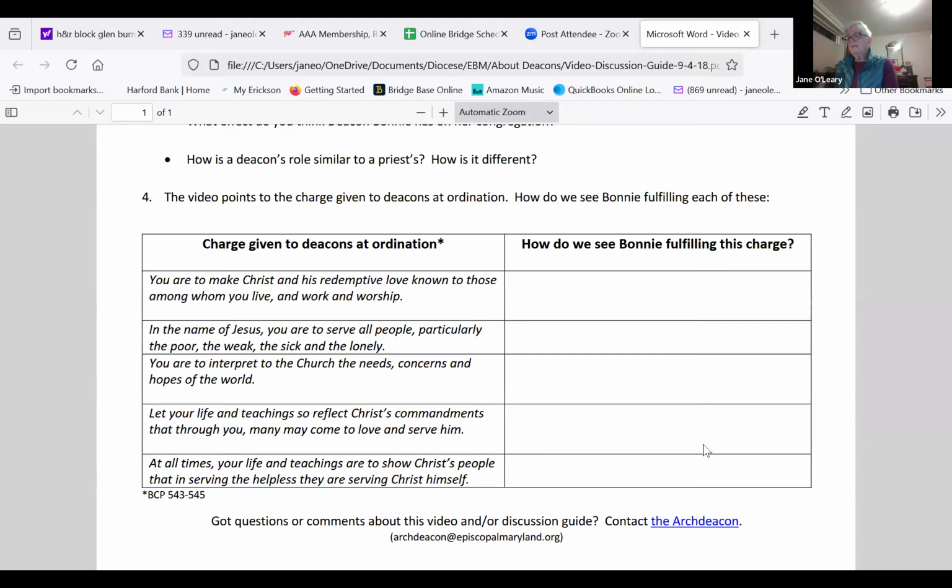And I think the church forgets that there's something to be concerned about besides the roof leaking and needing new vestments or whatever. Deacons are not concerned about that stuff.